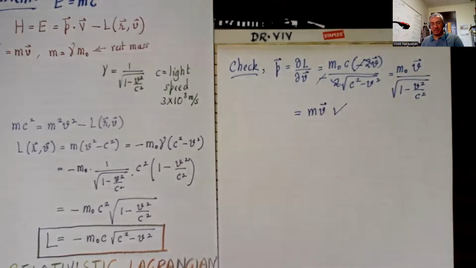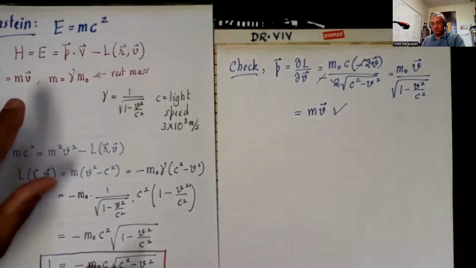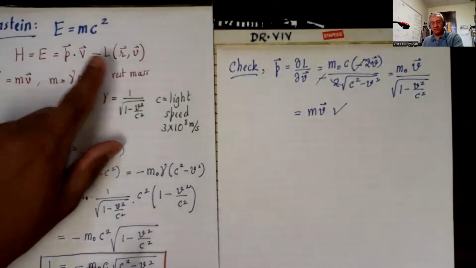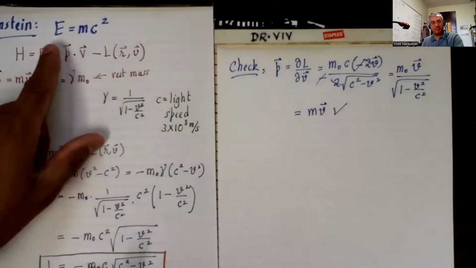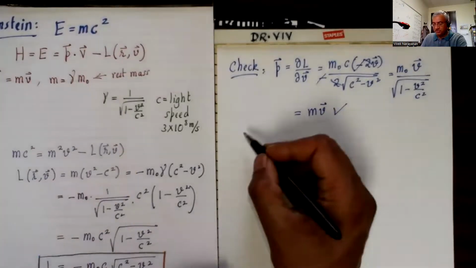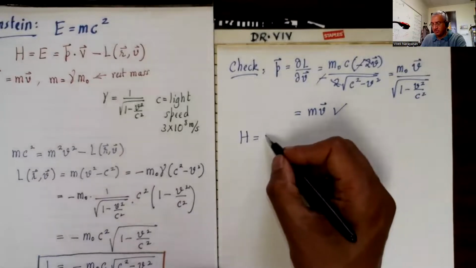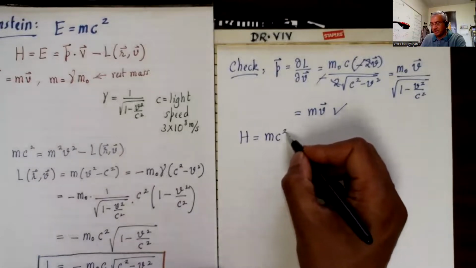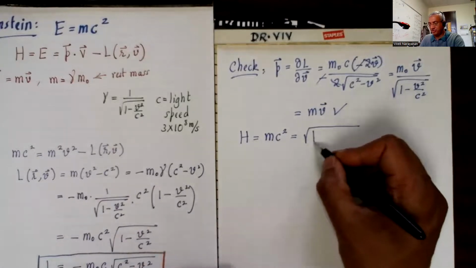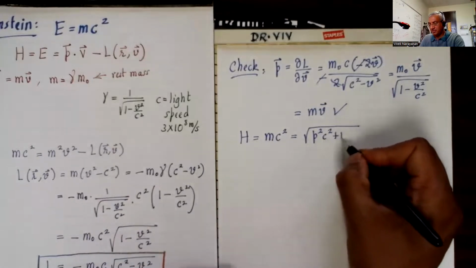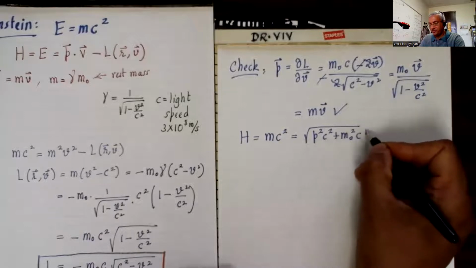Okay. Now, by the way, the Hamiltonian, written in terms of Einstein's formula, because H is equal to E. So I can write the Hamiltonian now. It's just mc squared. Now this can be written as the square root of p squared c squared plus m naught squared c to the 4.